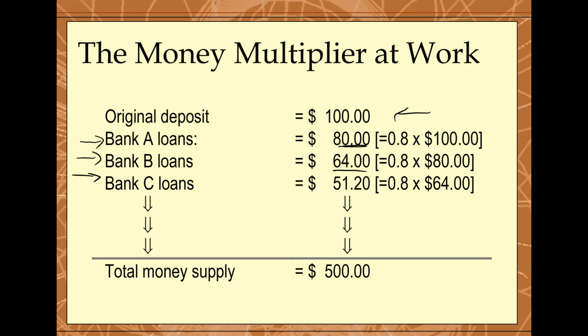Now 80% of this $64 can be loaned out, and each time the loan is made and redeposited by the bank, eventually the money supply will grow from 100 eventually to 500, and the change from the start to the finish is $400.